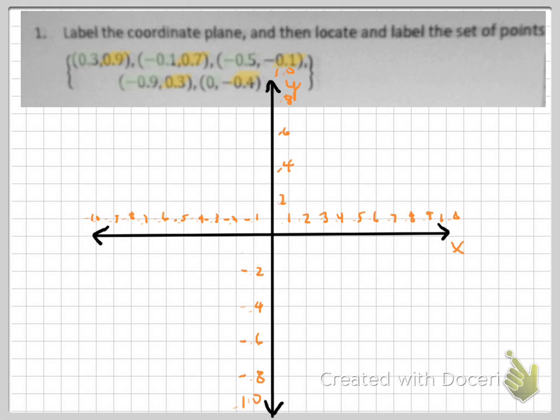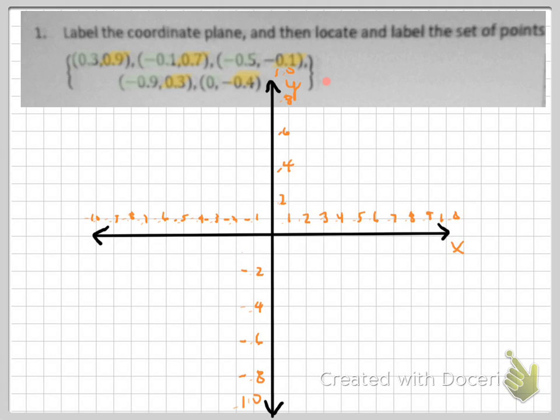Now we need to plot these. So let me get a pointer here that I can use. And the first one is 0.3. So I go right to 0.3. That's here. And then I'm going to go up to 0.9, which is going to put me right up there. Second point, left to 0.1 because it's negative, and up to 0.7.